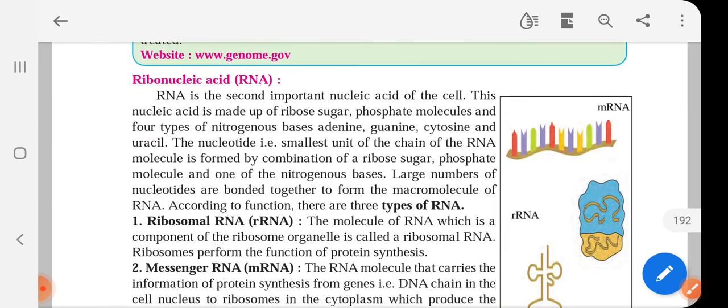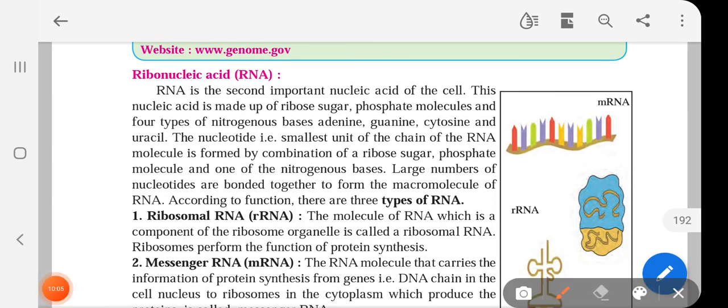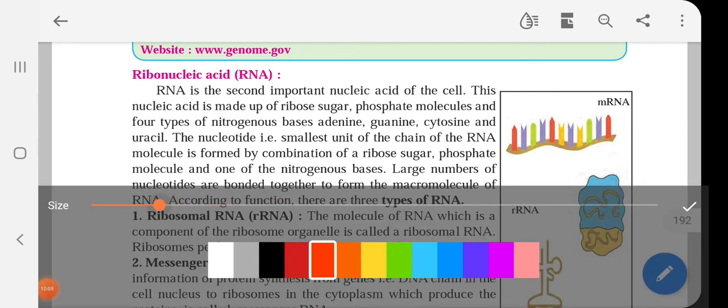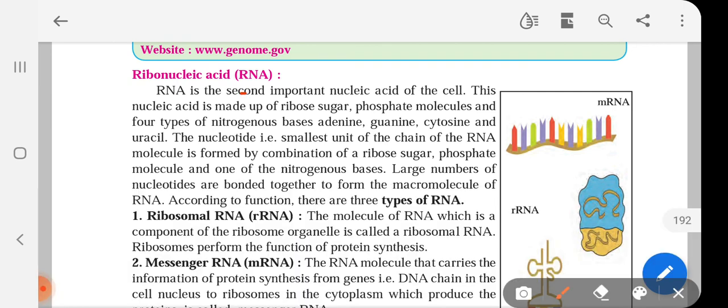Now let us talk about another important nucleic acid called RNA, the ribonucleic acid, and the types of RNA as well. RNA is the second most important nucleic acid of the cell. This nucleic acid is made up of ribose sugar, phosphate molecules, and 4 types of nitrogenous bases: adenine, guanine, cytosine, and uracil.